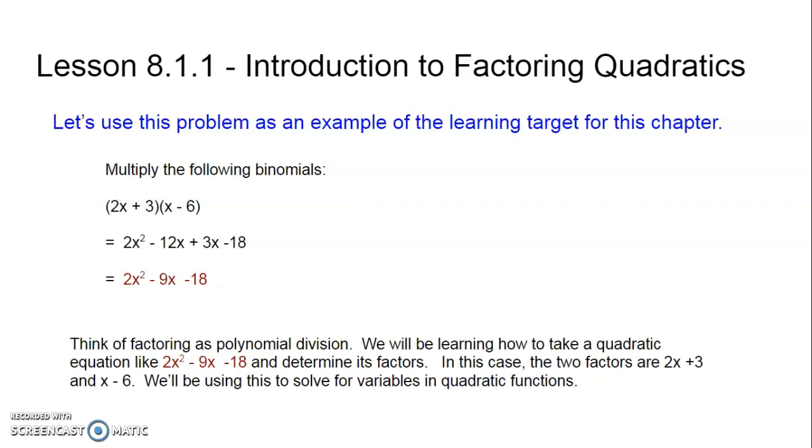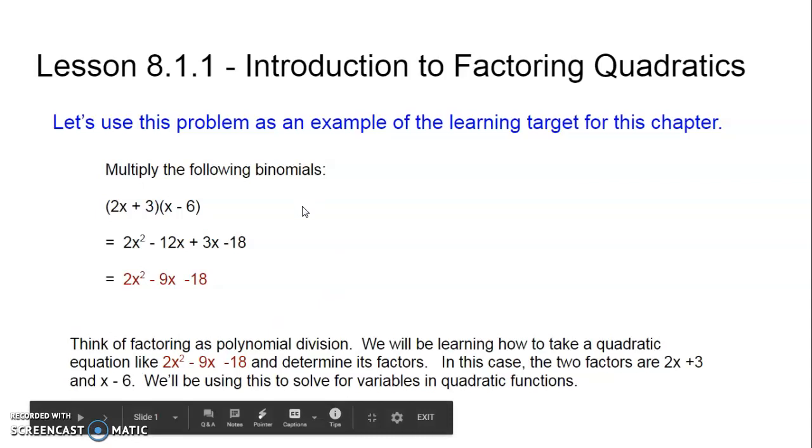This right here really explains the best I can about what factoring is. So I want you to think of factoring as polynomial division, or you could just think of factoring as division, period. We'll be learning how to take a quadratic expression like 2x squared minus 9x minus 18 and determine its factors. In this case, the two factors are 2x plus 3 and x minus 6, right? And we'll be using this to solve for variables and to solve some problems.